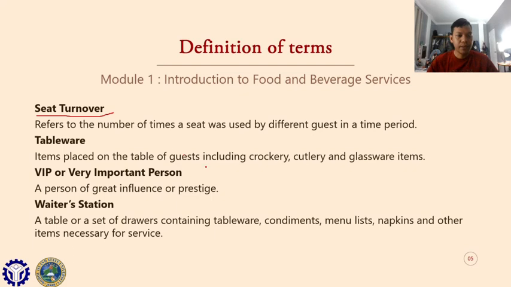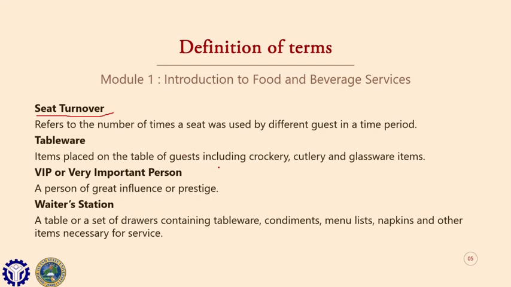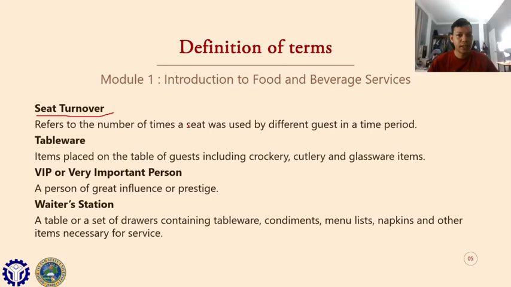Okay. Next is set turnover. It refers to the number of times a set was used by different guests in a time period. So it is important that the owner or the server takes note of how many set turnovers there are. It means, for example, in table one, there's a particular guest who is dining in, and then after they have eaten their food, a new guest will arrive and sit at the same table.